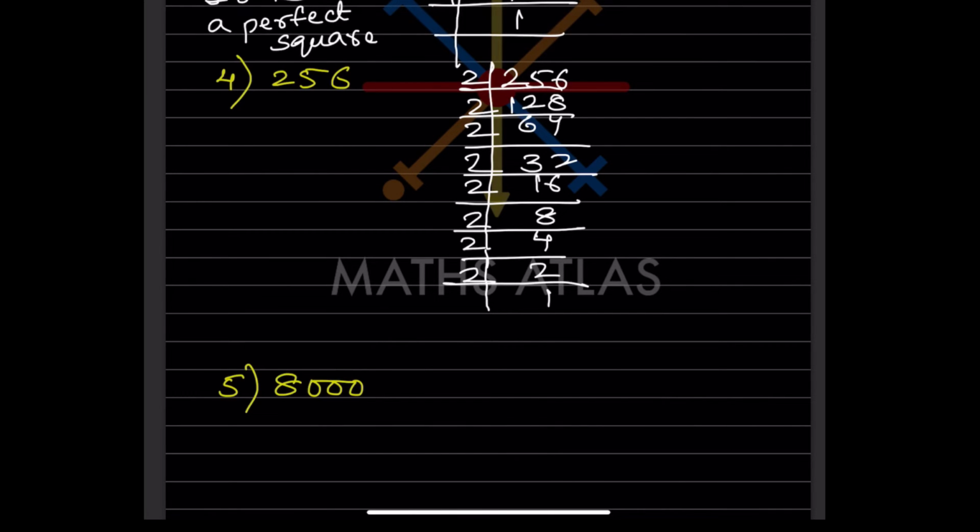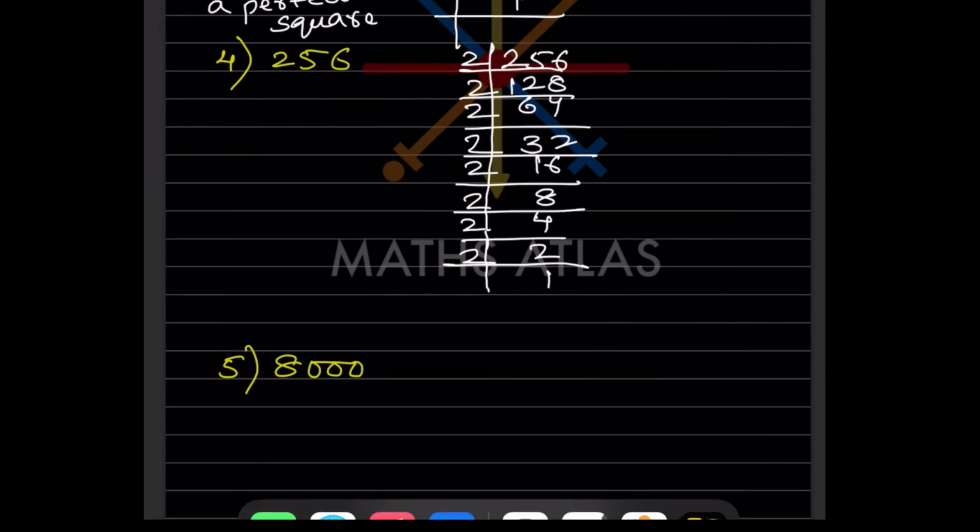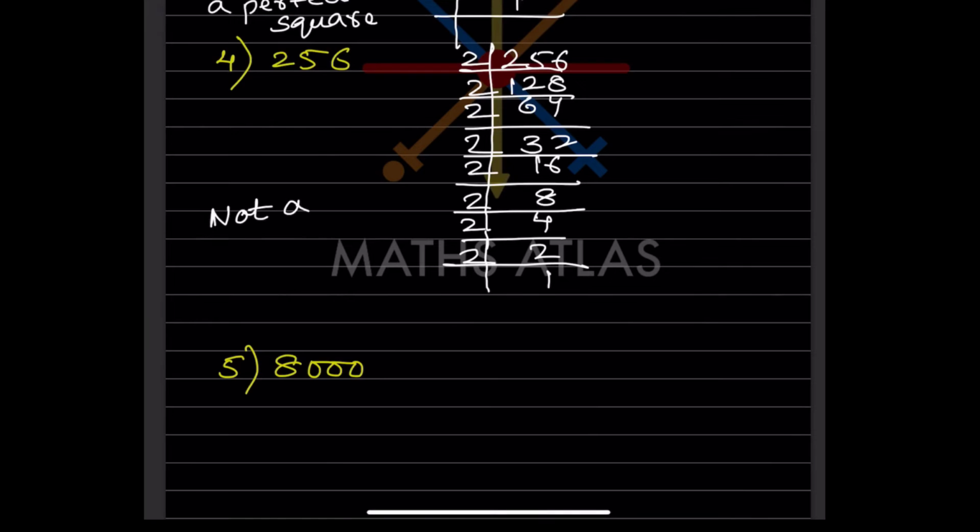Now we'll make groups of 3. This is a group of 3, this also is a group of 3, but here you can see it is just a group of 2. That means one number is missing, so it is not a perfect cube.